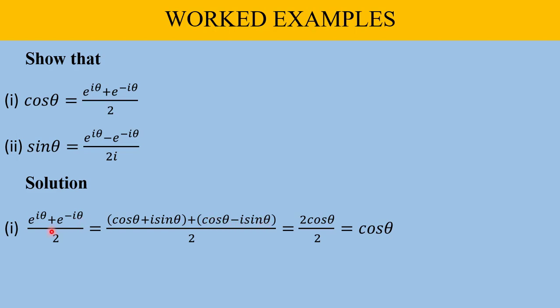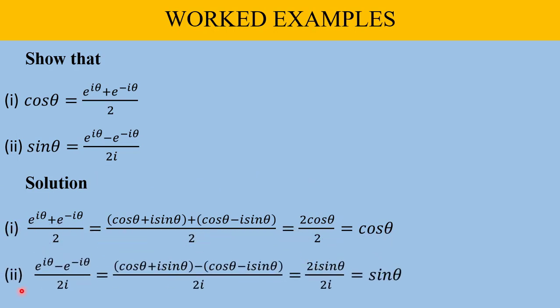Then we divide everything by 2. Opening brackets, we shall have cos theta plus cos theta, which gives us 2 cos theta, then I sin theta minus I sin theta, which gives us 0. So we remain with 2 cos theta over 2, whereby 2 cancels, and we remain with cos theta.